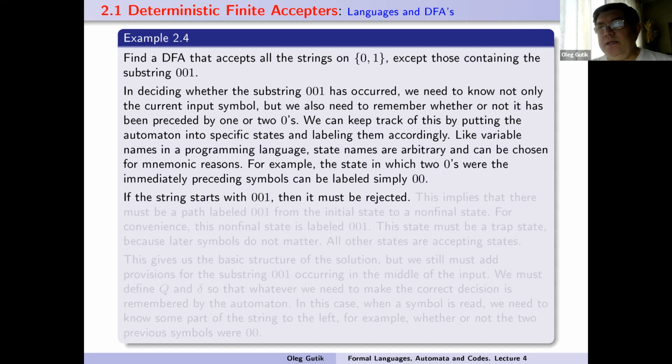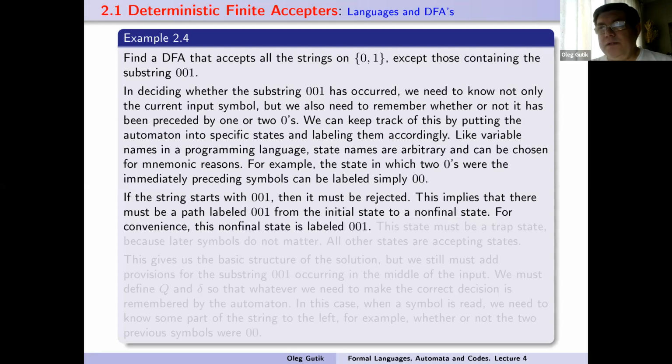If a string starts with 001, then it must be rejected. This implies that there must be a path labeled 001 from the initial state to a non-final state. For convenience, this non-final state is labeled 001.